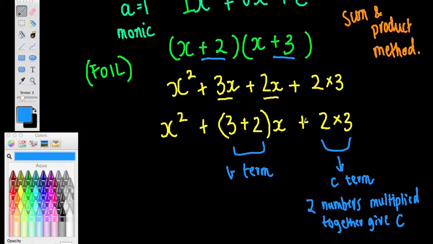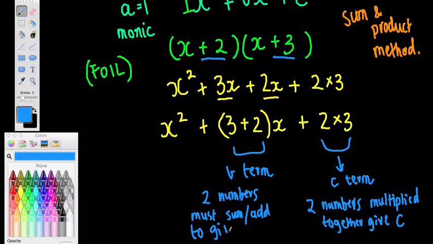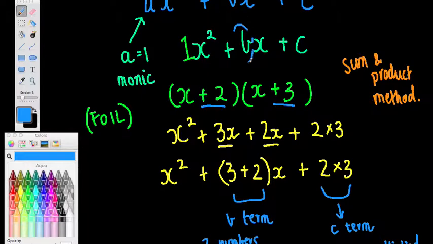Those exact same two numbers at the end there must add together, so they must sum or add, which means the same thing, to give the b term, to give that number here.